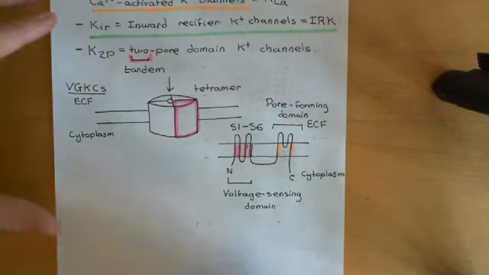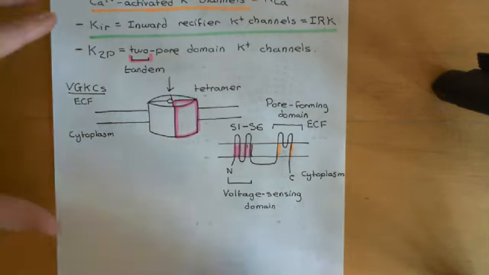But then you also have these additional portions around the outside, and these are going to be the voltage sensing portions. You might think, well, that's not too difficult. You'll have one pore forming domain here, and then its voltage sensing domain will be here, but there's a subtlety.